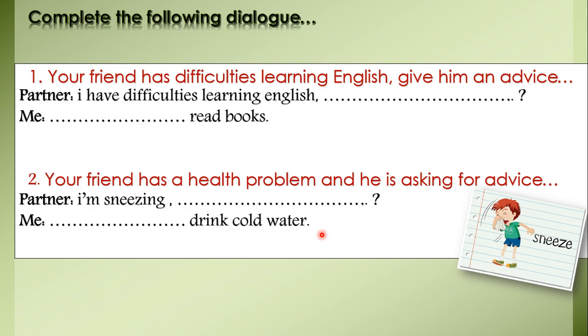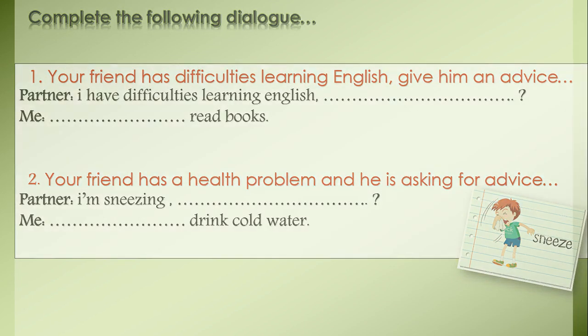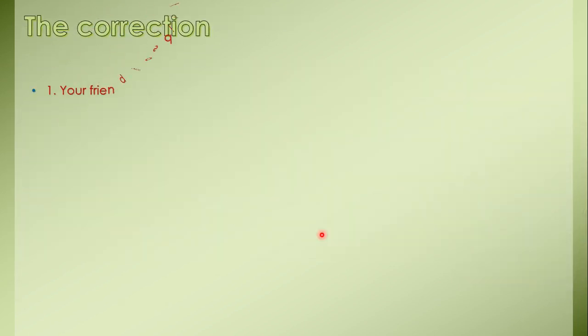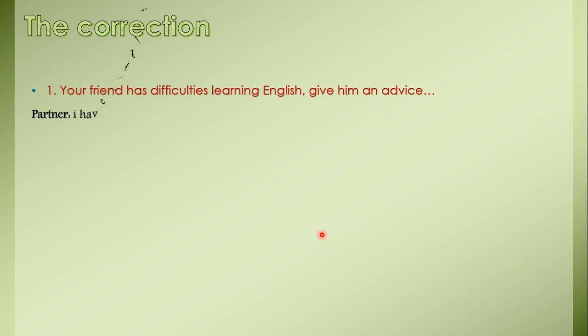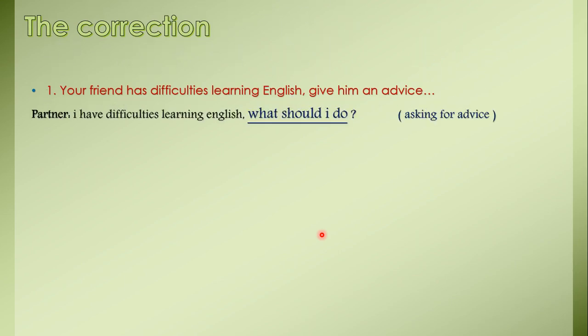Okay, time's up, dear students. Let's move to the correction. So, the first one: your friend has difficulties learning English. Give him advice. Partner: I have difficulties learning English. What should I do?